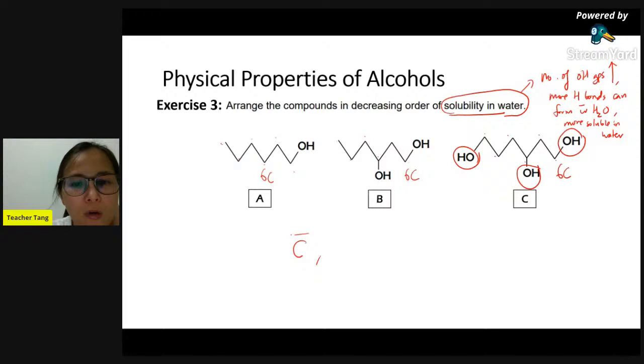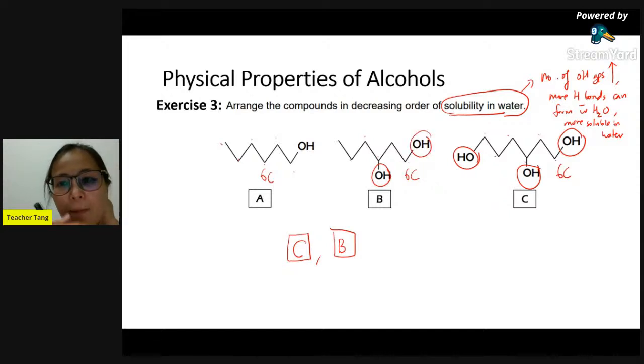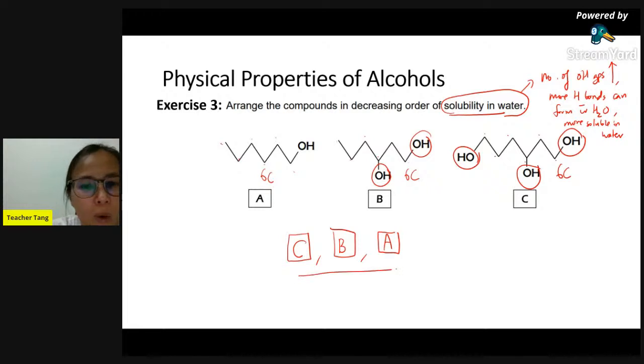So followed by B, because having 2 hydroxyl groups, so it can form fewer hydrogen bonds compared to C with water. And then A, only having 1 hydroxyl group, so the least number of hydrogen bonds can be formed with water molecules, so the least soluble in water. So that is the decreasing order of solubility in water.